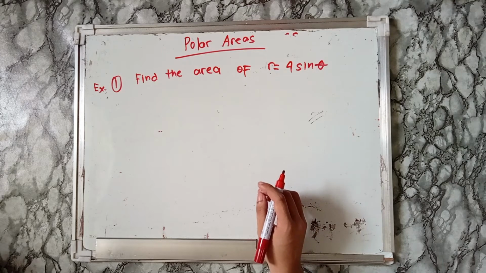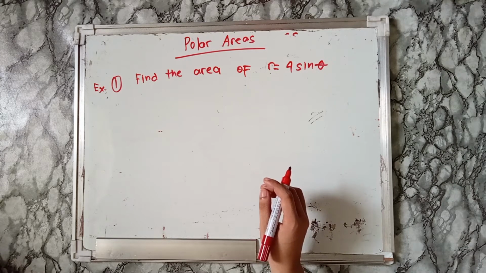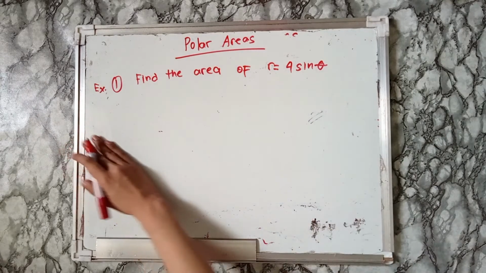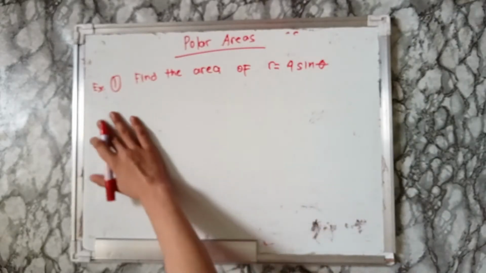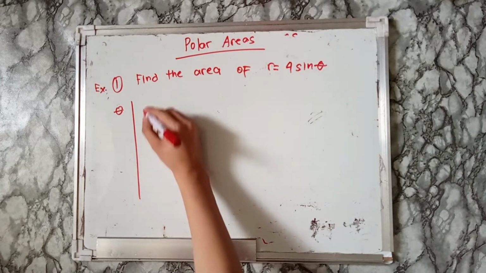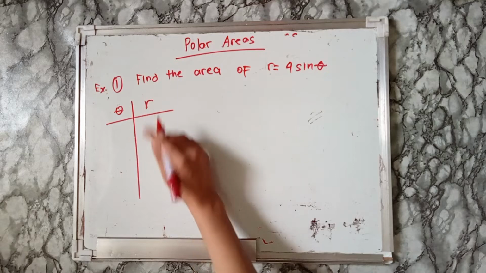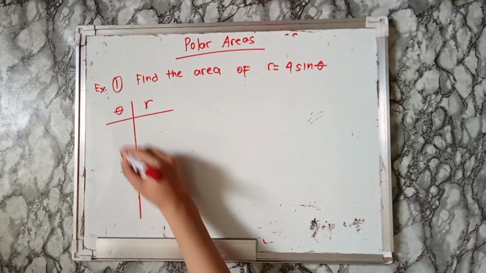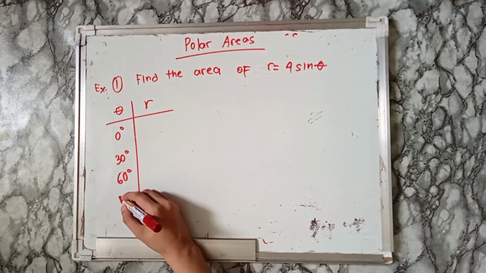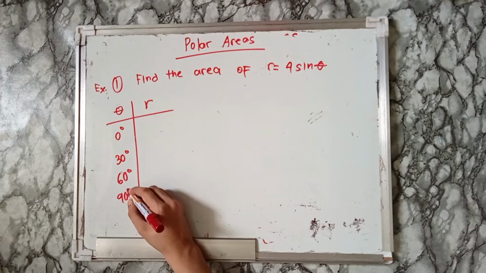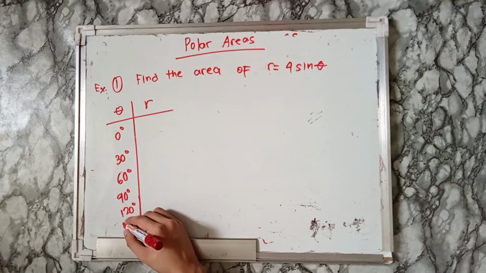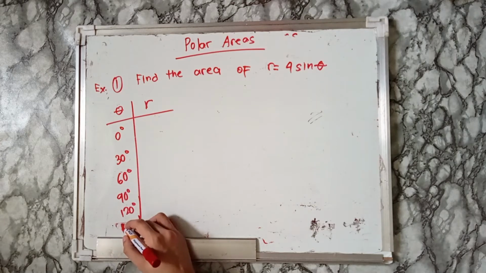Now in order to plot the graph, we need to find our points, right? So let's say theta and r, let's say 0 degrees, 30 degrees, 60 degrees, 90, 120, 150.